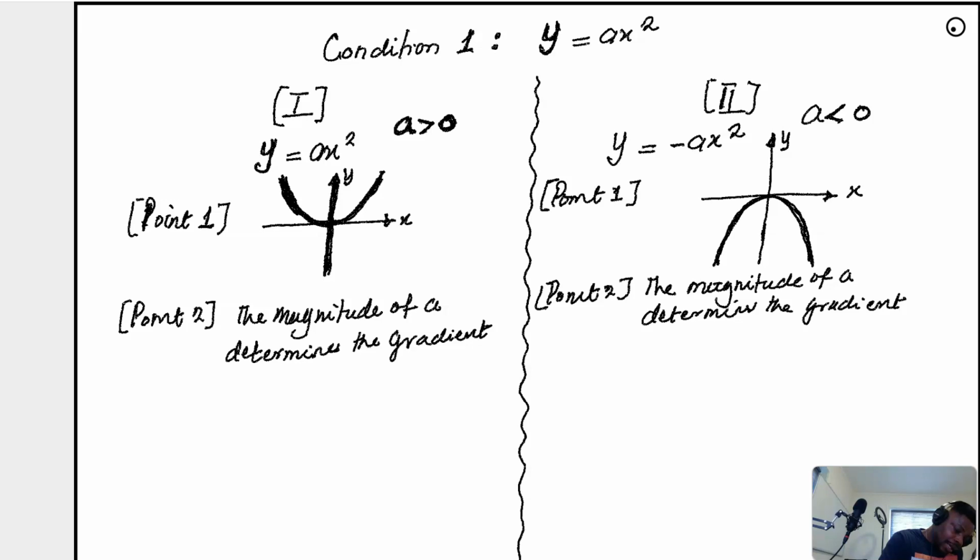The gradient here is positive, right? So this is the turning point. For this one, the gradient is negative here and positive there. So you can see a determines the gradient. Then point 3.